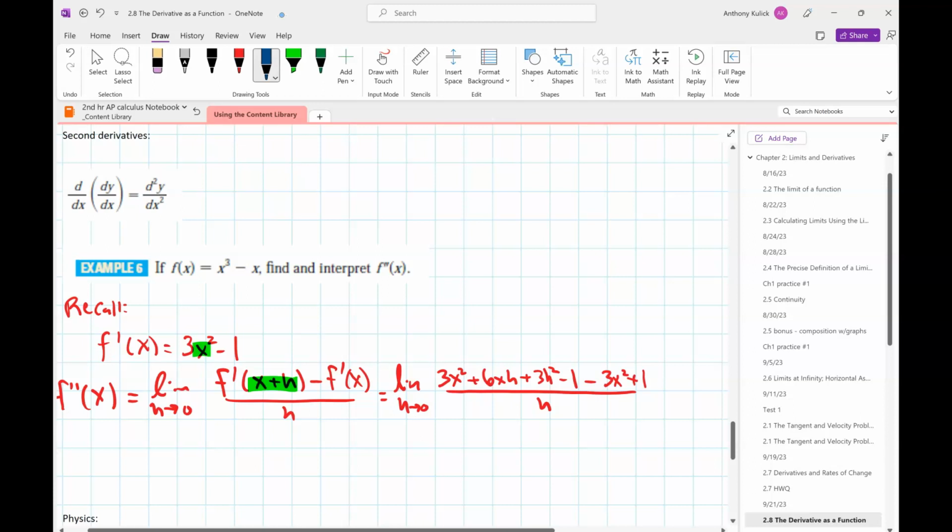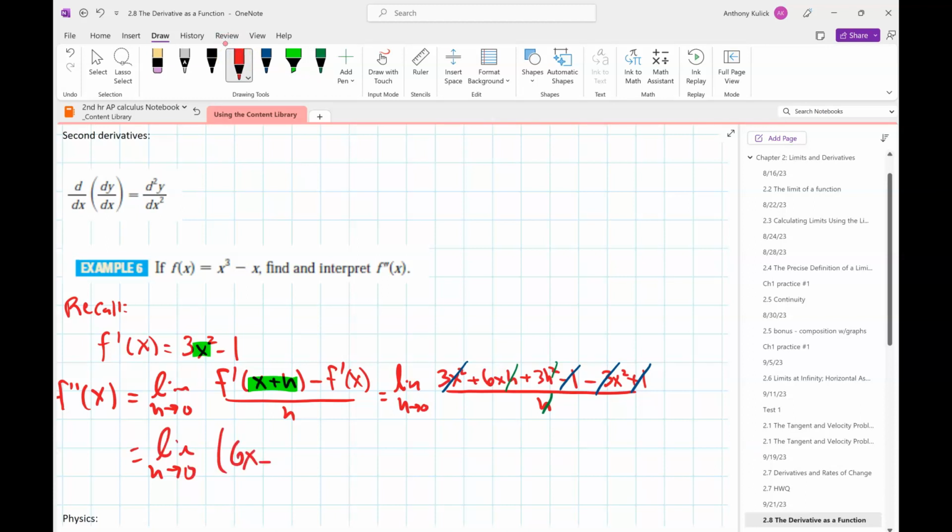So let's look at what can reduce. And now we can cancel the h's. Exactly right. So what we have left is 6x plus 3h, or just 6x. How is this different from what we did yesterday? Nothing is different.